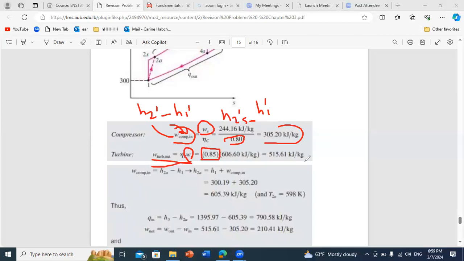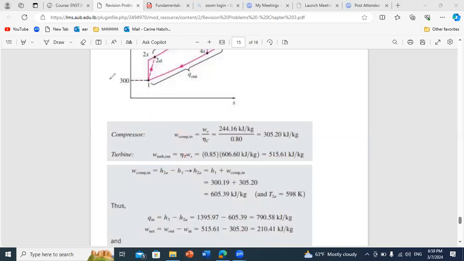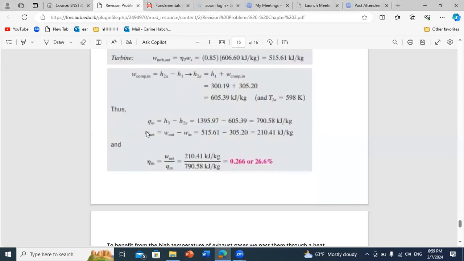Okay, and now after getting this information and finding the enthalpies needed, we can evaluate for this cycle alone what is the efficiency. So as we did together, we find W net, which is W turbine minus W compressor actual, and we evaluate the heat input at the boiler per unit in kilojoule per kilogram.